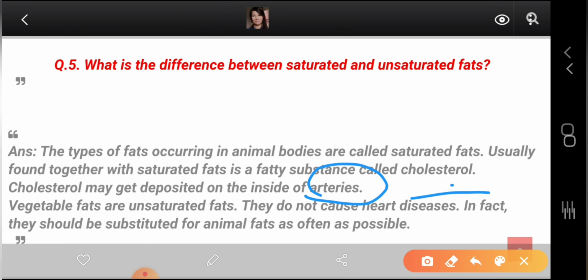And vegetable fats are unsaturated fats. They do not cause heart disease. In fact, they should be substituted for animal fats as often as possible.